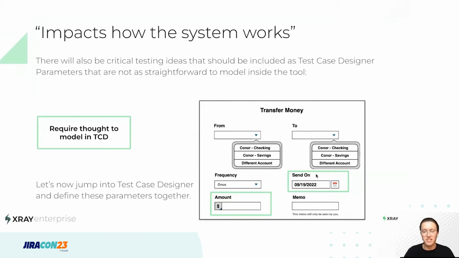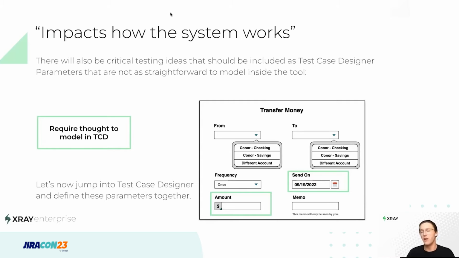So checking it out here, right? If we look at, let's say, these examples, when are we sending the transfer? We got to put a date in there. And how much are we transferring, the amount? We could put whatever we'd like essentially within those fields, right? And how can we possibly know what to list out as parameter values? In general, inside Test Case Designer, the more parameter values you ultimately list out for certain parameters, the more test cases that are actually going to be generated for you.